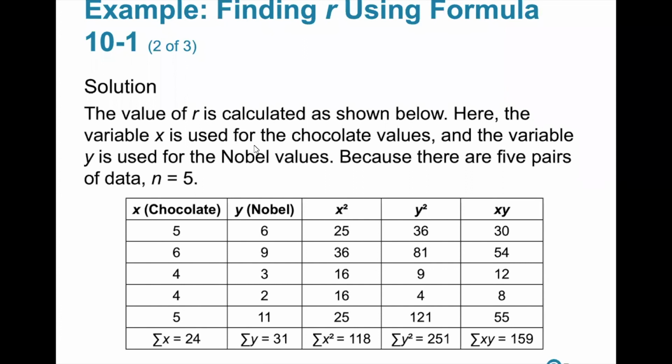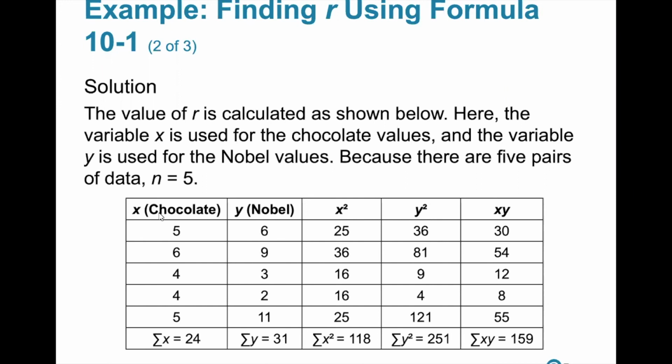The value of R is calculated as shown below. We set up a table kind of like how we did for finding the standard deviation. Here, the variable X is used for the chocolate values and the variable Y is used for the Nobel values. Because there are 5 pairs of data, N equals 5.